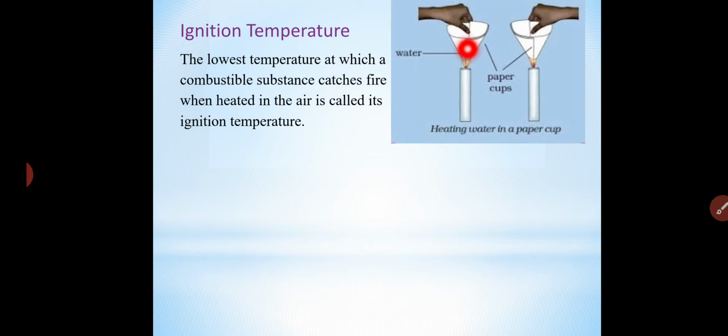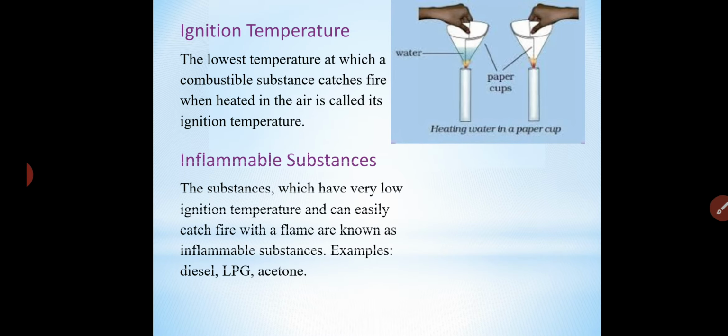So the paper will not catch heat easily. Here the paper is empty, so its ignition temperature is low, but with water it increases. So the empty paper will burn very easily.